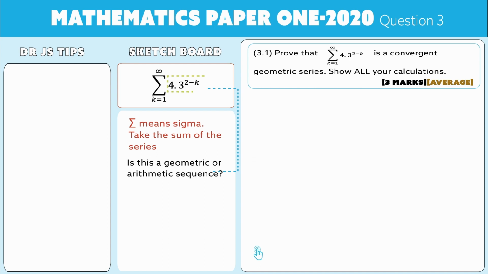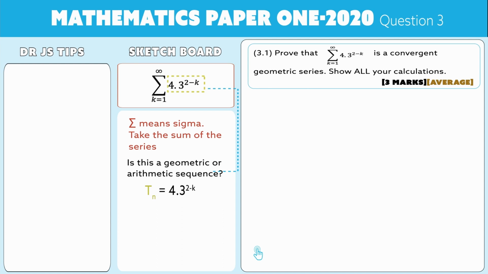The number that I'm going to put in yellow, let me put it down here for you in the sketchpad again. Our sketchboard is the value of Tn. So we're talking about the term Tn, the general term. Tn is 4 times 3 to the power 2 minus k.